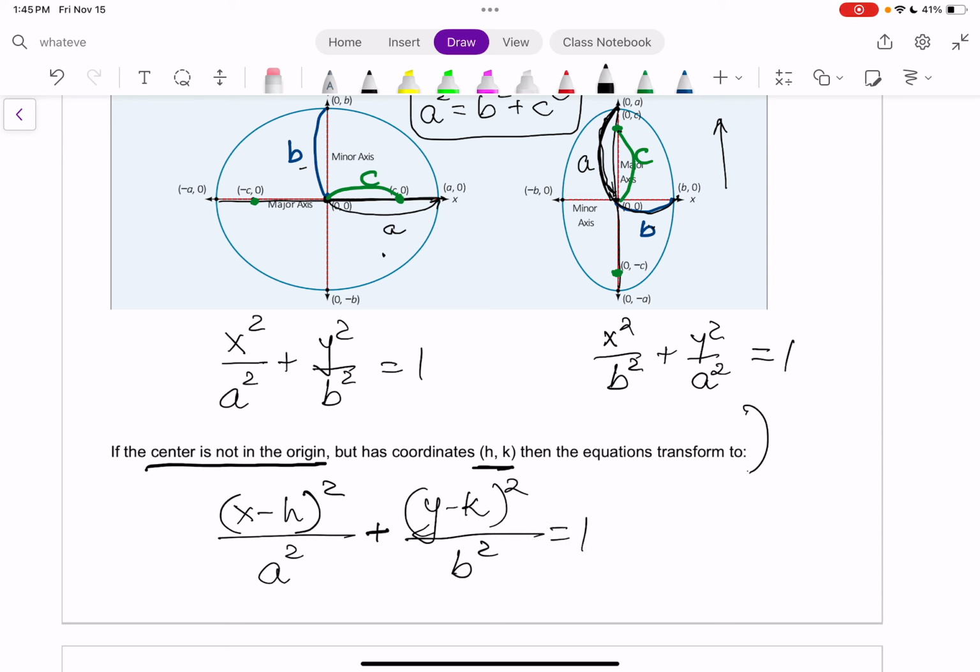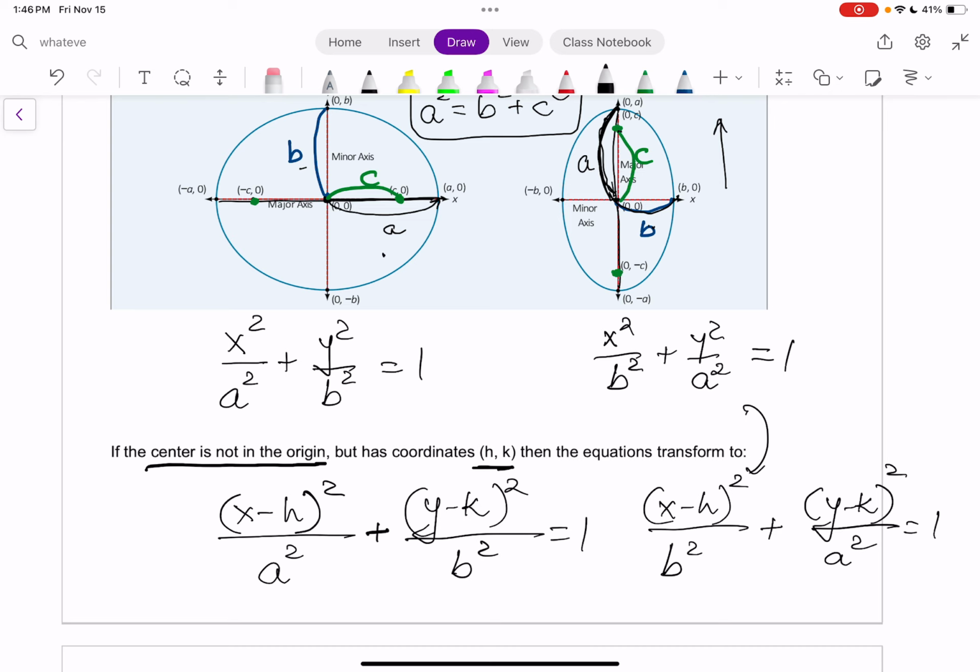In the same way, it doesn't matter whether the ellipse is horizontal or vertical. The x coordinate of the center gets subtracted from x. The y coordinate of the center gets subtracted from y.